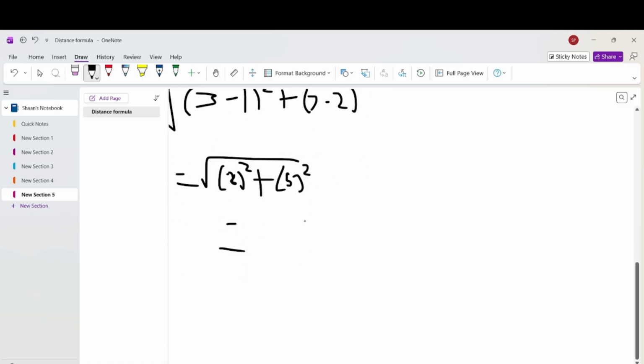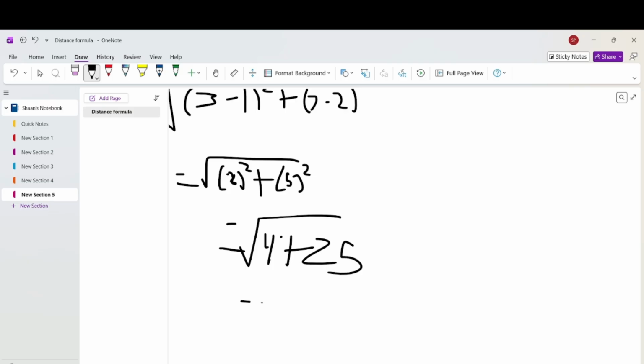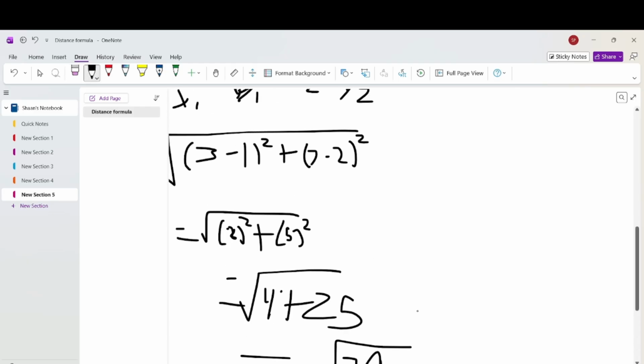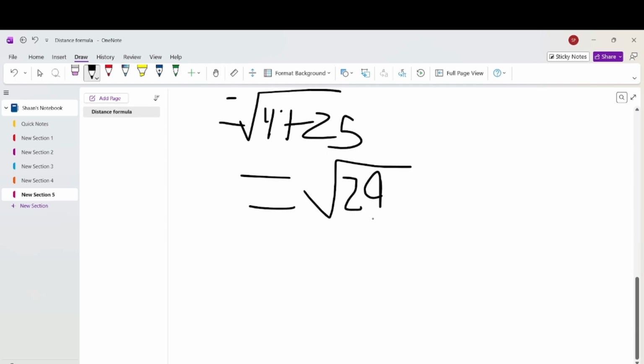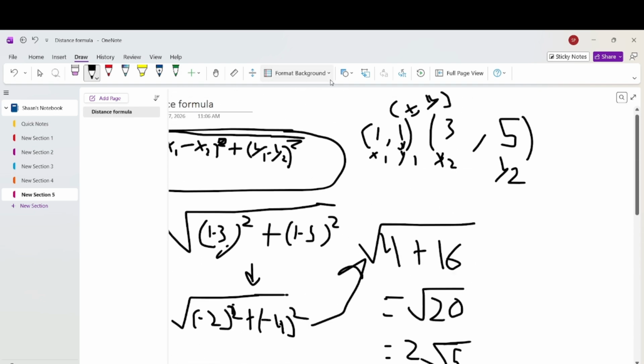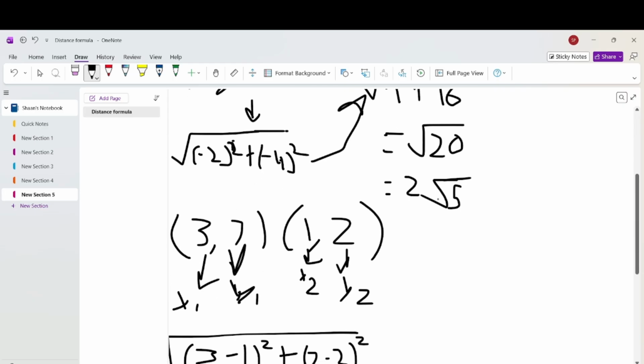That is equal to the square root of 4 plus 25, which is equal to the square root of 29. Let me draw that better. So now the distance between these 2 points is square root of 29, which is roughly 5 point something. The distance between the other 2 points is 2 root 5, which is also like 4 point something.